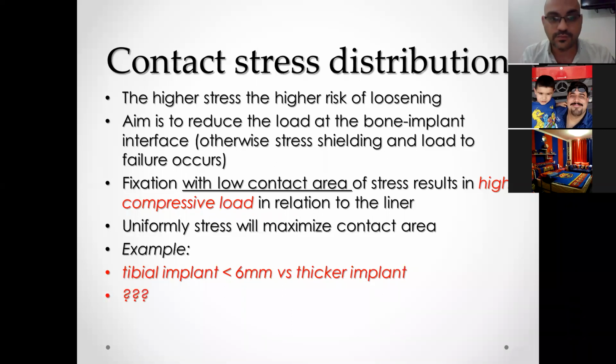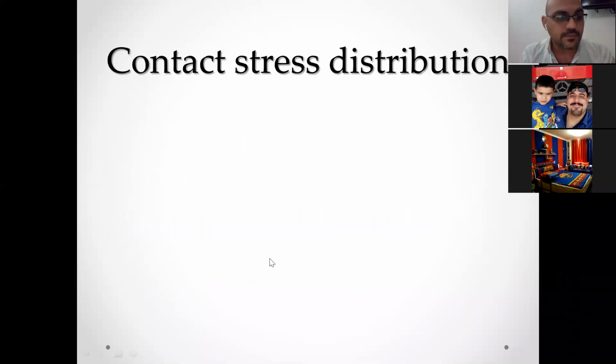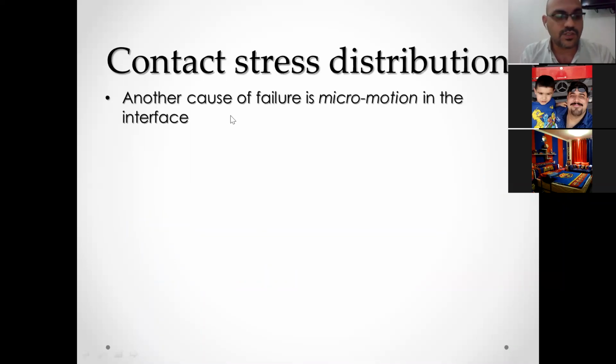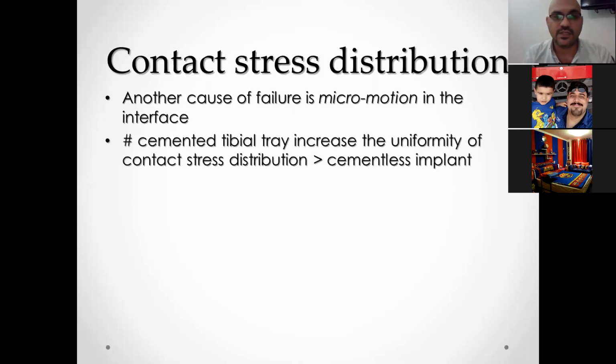So what to do? If we make the tibial implant very short, it may fail. And if we make it thick, there will be a problem. There are two chief mechanisms of loosening: first of all, the contact stress and the micromotion in the interface. So you have to avoid using one below 6 millimeters, which is not admitted by the manufacturer.